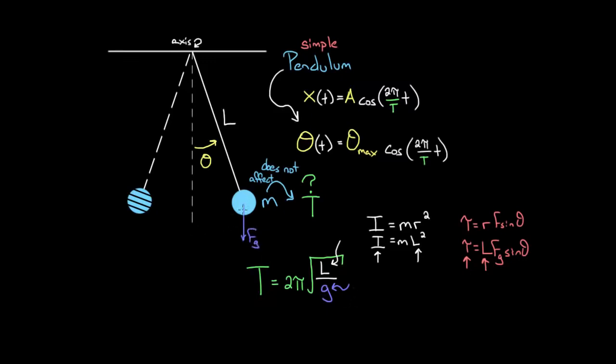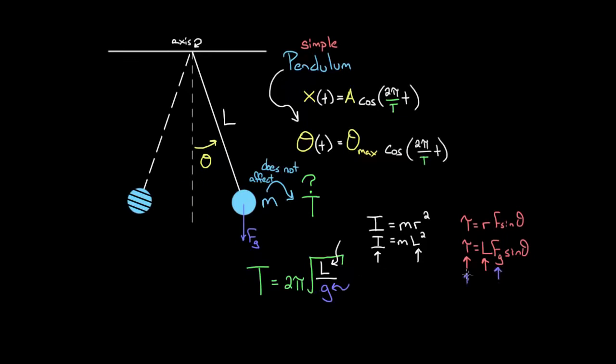So a larger force means it's going to pull this mass more quickly. It's going to have larger acceleration. That means it's going to have a larger speed. It's going to move back and forth faster. And if it moves faster, it takes less time to complete a cycle. That's why increasing the gravitational acceleration increases the force, and it decreases the period. Essentially, if you know about torque, you increased the force.